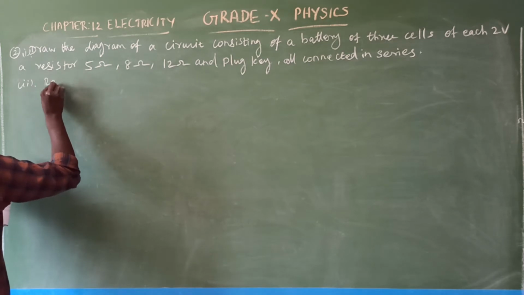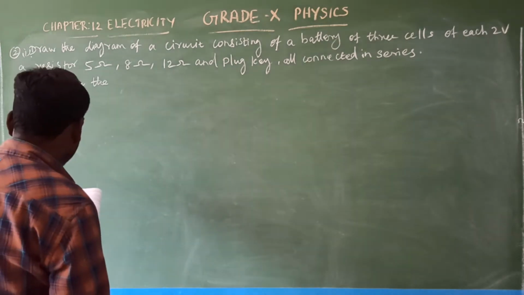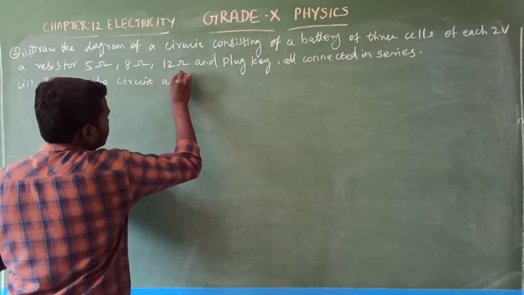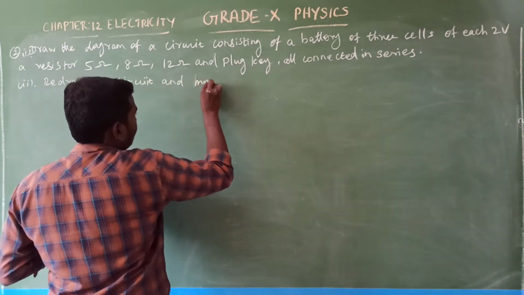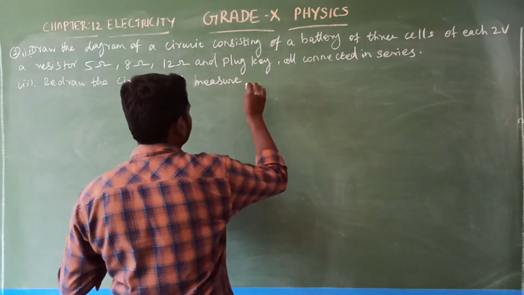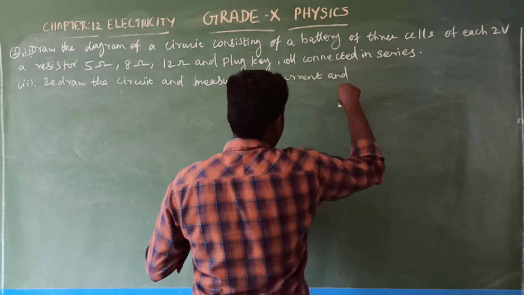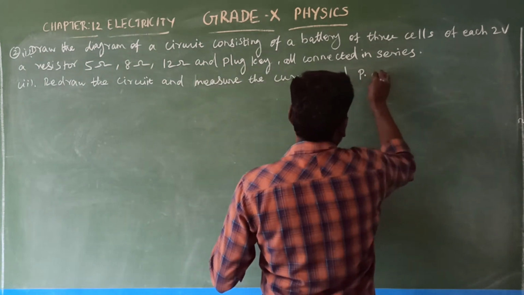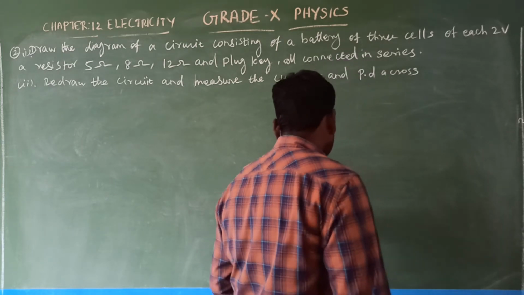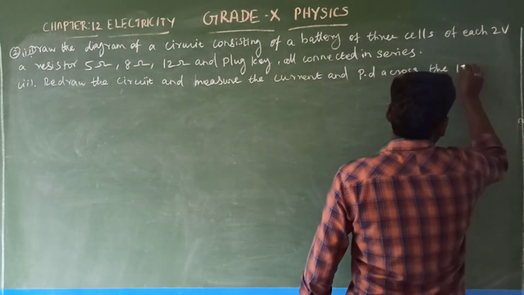Redraw the circuit and measure the current and the potential difference, PD, across the 12 ohm.